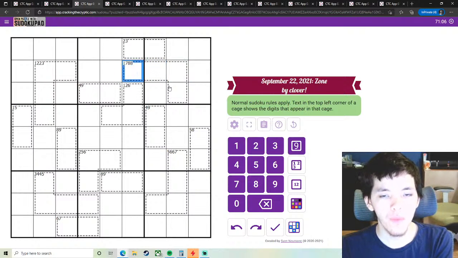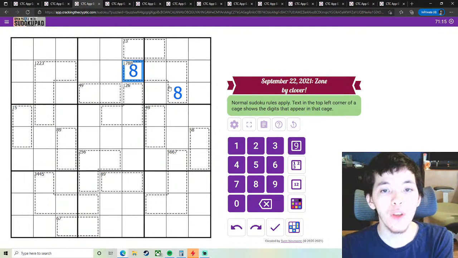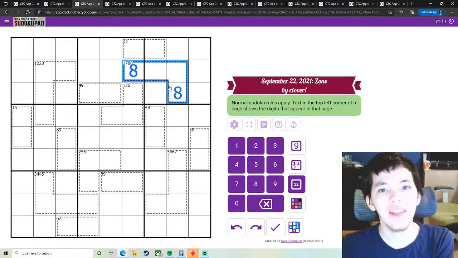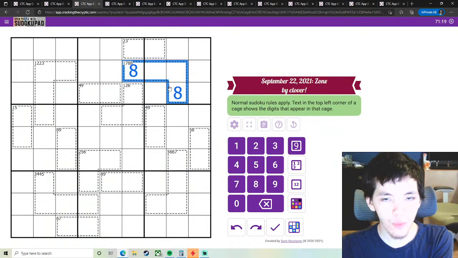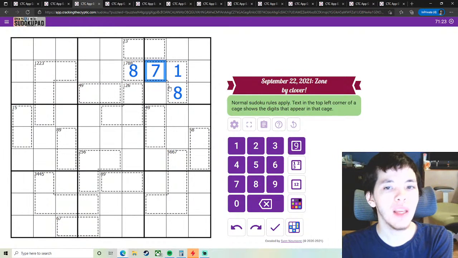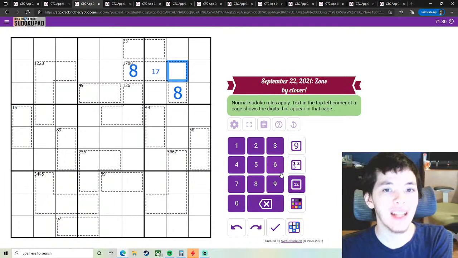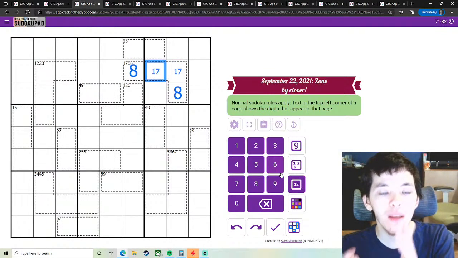So basically you can reason out that one of the 8s has to go down here and the other 8 has to go here, because there's literally nowhere else they can go for you to place 2 8s inside of this cage without breaking the rule. The difference now with the 1s and 7s is you can't assume they go in either way. It could go this way, it could go that way, you don't know. So here I would just select 1 and 7 as notes and put them down.